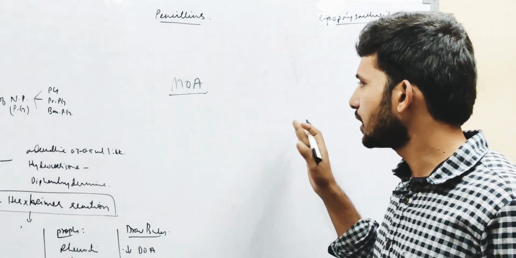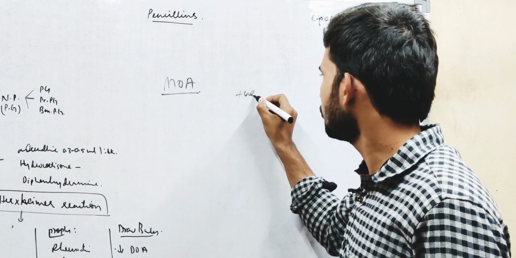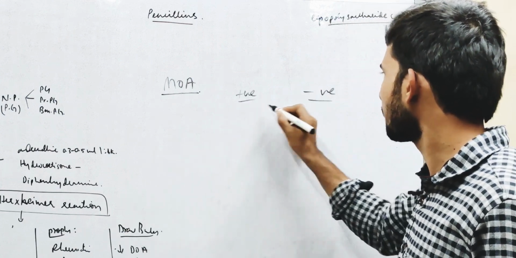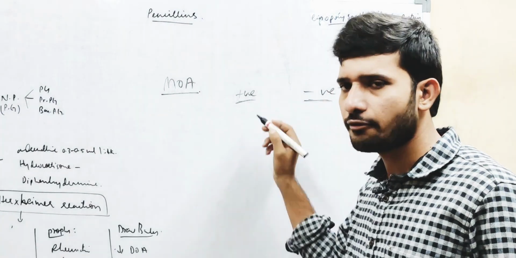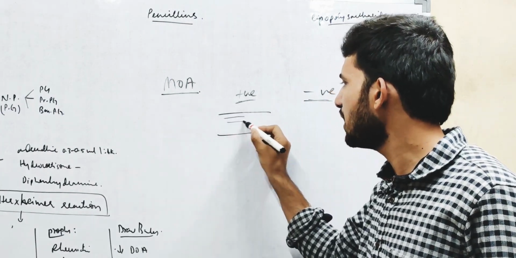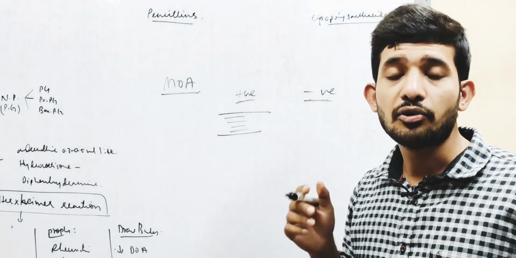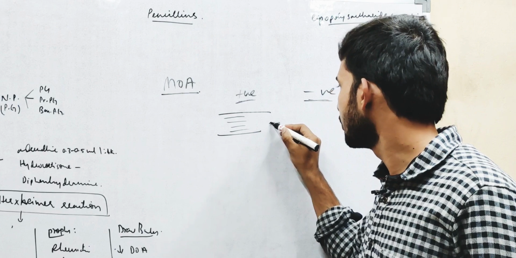So let's discuss the difference between gram-positive and gram-negative bacteria. Just listen guys. In gram-positive bacteria, the bacterial cell wall is made up of many peptidoglycan layers, around 100 layers.